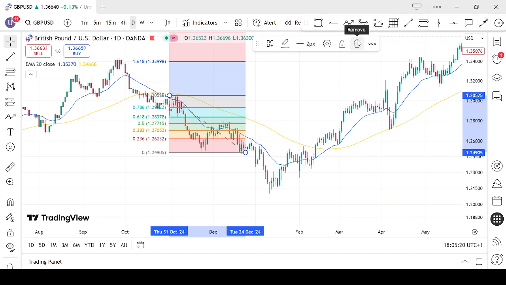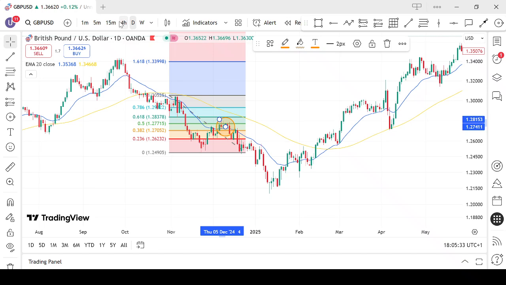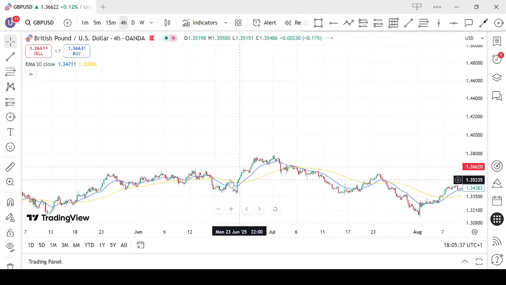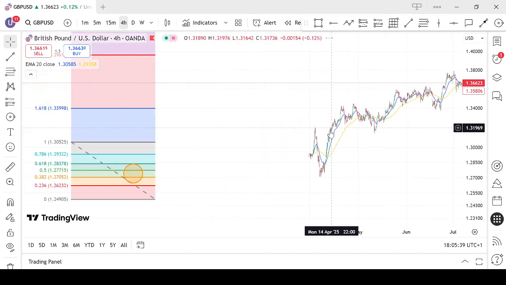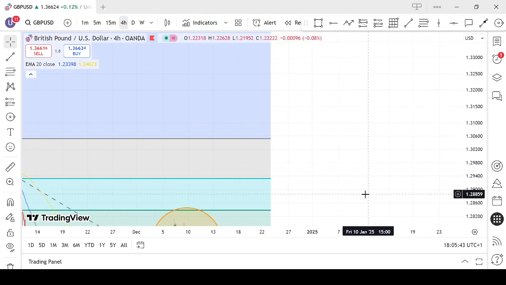You can also switch to your 4 hours time frame to look for a clear reversal candlestick pattern. As you can see at this particular area, let's mark this area out in chart. We'll look for a clear pattern on the 4-hour time frame to further illustrate our trading idea and our trade sample.